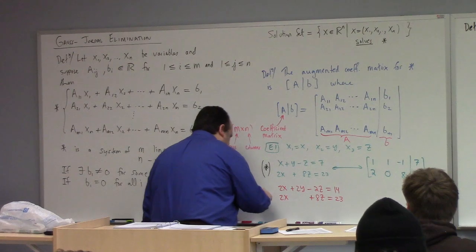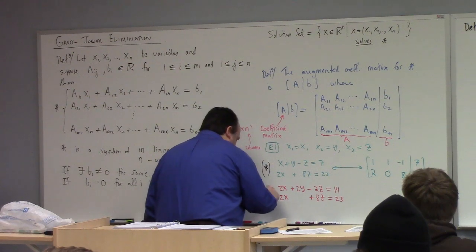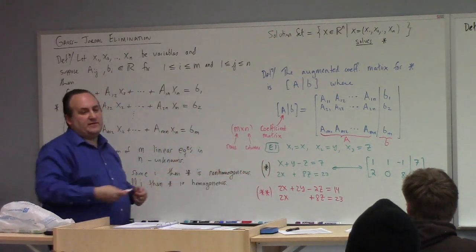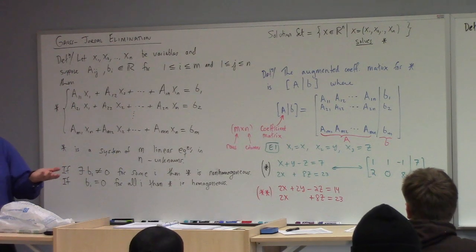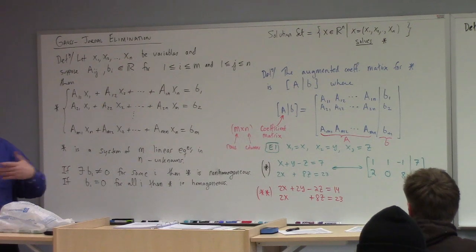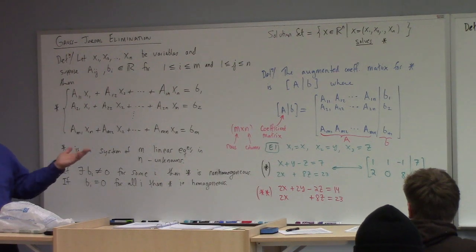In this example, star and star star would be equivalent systems. Do you understand why? If I multiply one of the equations by a non-zero constant, does that change which x, y, z makes it true? Certainly not, right? So star star there is an equivalent system.